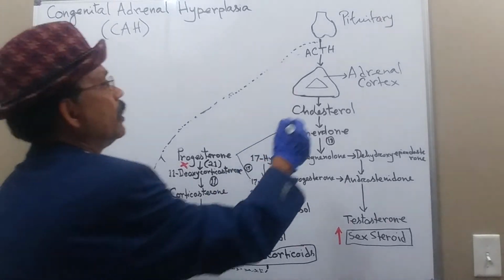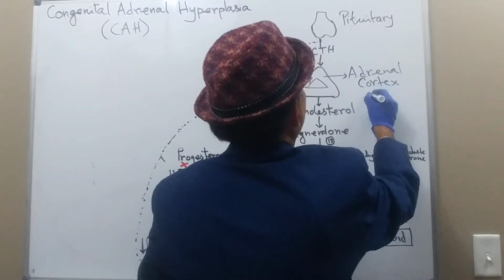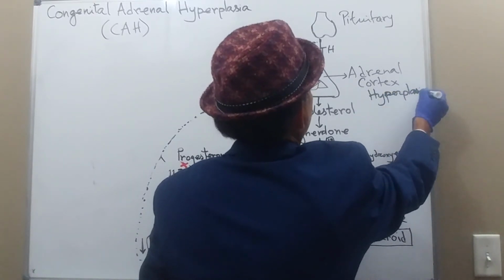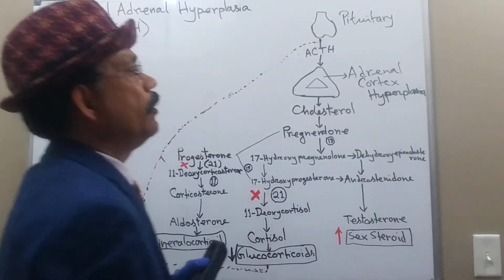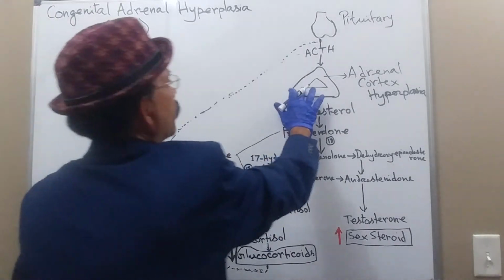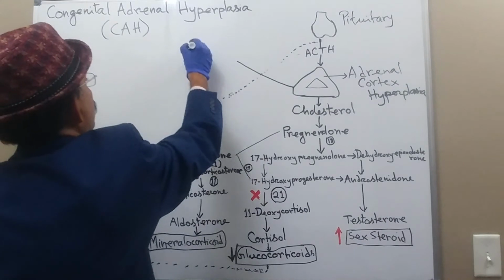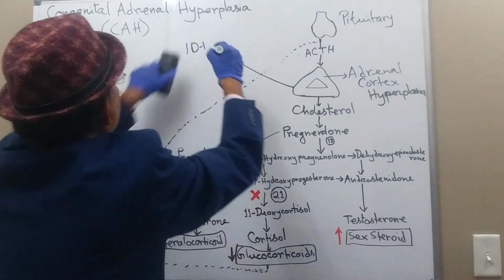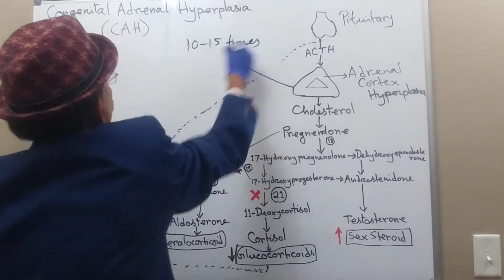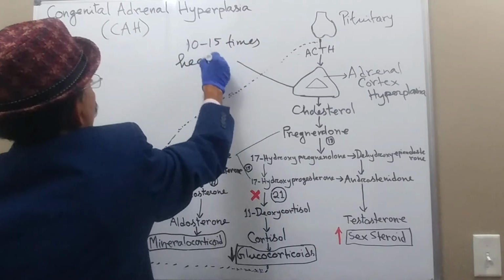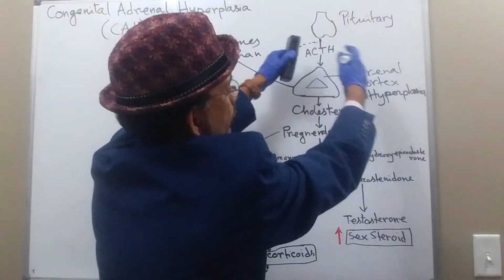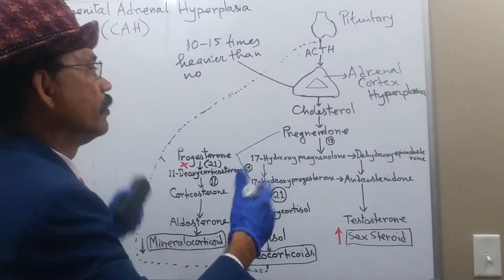And what other changes? There will be adrenal cortex hyperplasia due to excessive adrenocorticotropic hormone secretion from the anterior pituitary. It will be hyperplastic and large.